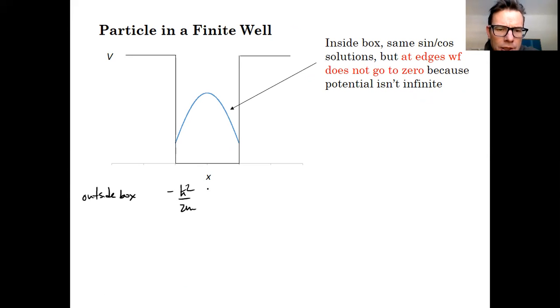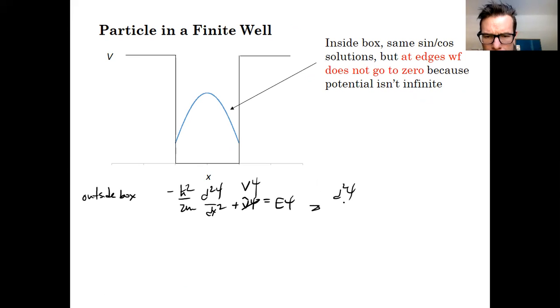Again, a kinetic energy term, d squared psi dx squared plus V hat psi equals E psi. Outside the box, this is just some constant, so I'm going to write that as V psi. If I rearrange this, d squared psi dx squared equals minus 2m(E minus V) over h bar squared psi.